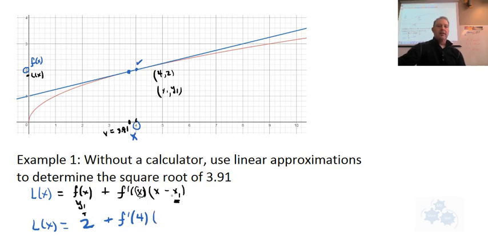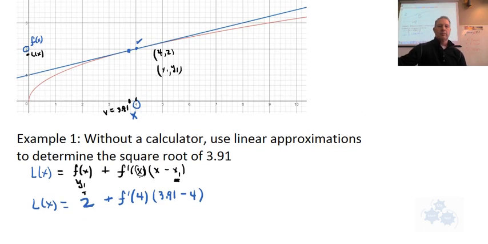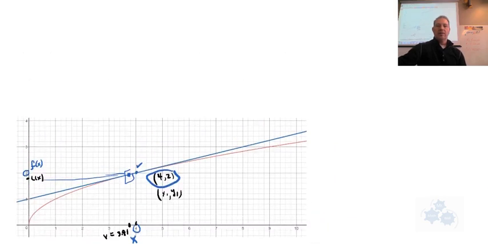This is going to be x minus x1 here, so again, this is going to be the difference between 3.91 and the x1 value, which is 4. Technically, in your book, you'll see this as f of a and f prime of a, and that's going to be this point that is known, that we begin with. So this is going to give us this value here, L of x. It's going to give us the y value here.